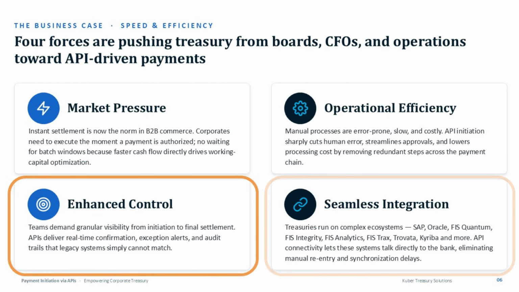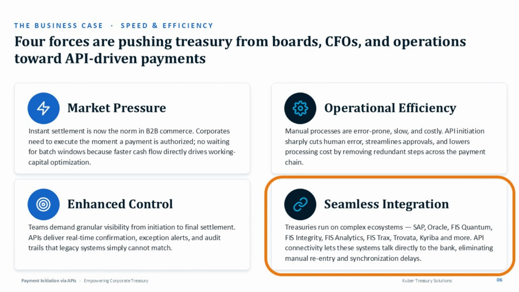And the fourth reason is better system connection. Treasury may use several systems, such as an ERP, a Treasury Management System, or a TMS, and different banking tools. APIs can help those systems connect more directly with the bank or banks.